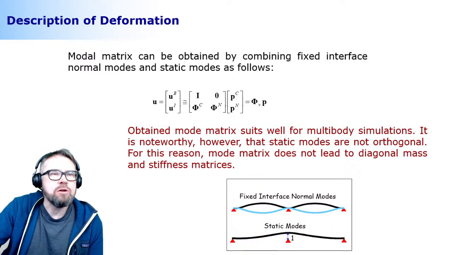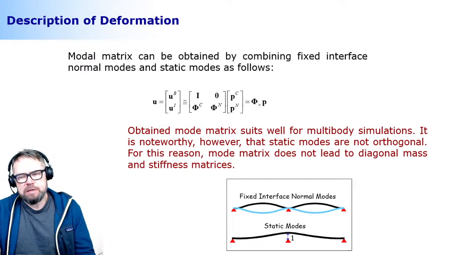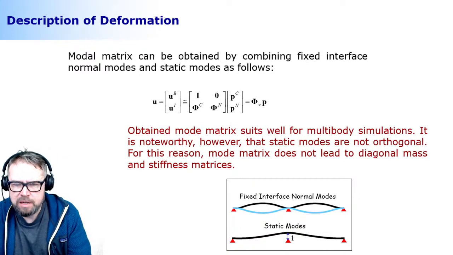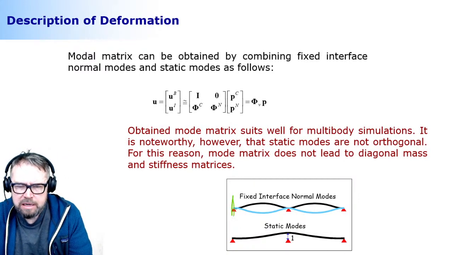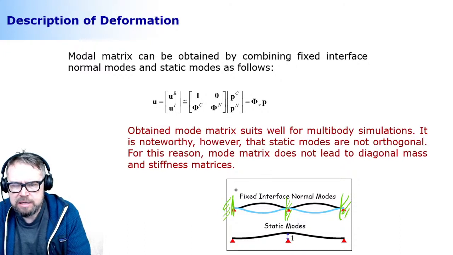Then you combine these deformation modes. The first ones are associated with the interior degrees of freedom, and they go like this. I have a beam-like structure, and I select the node in the middle and a node on the left-hand side to be my boundary degrees of freedom.